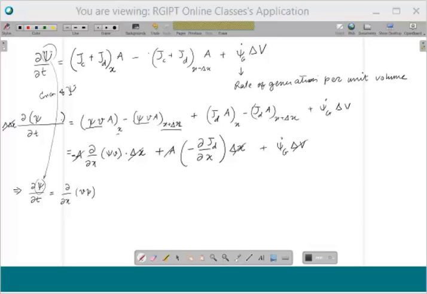So what I can do is take it on the left-hand side. Conventionally, it's written like this, equals minus del J_D by del x plus psi g dot.